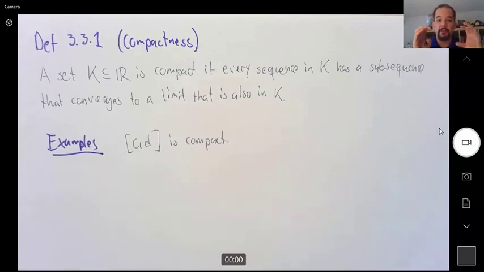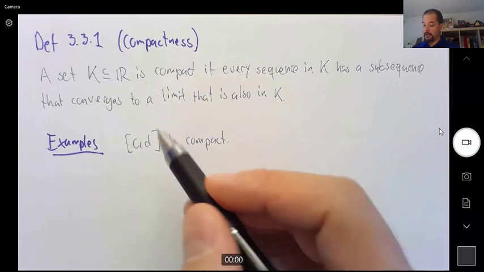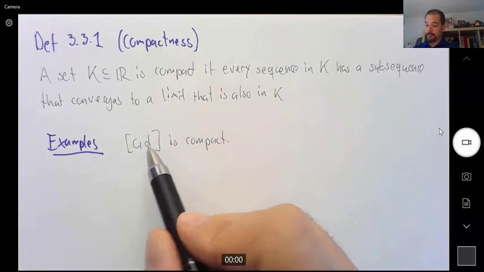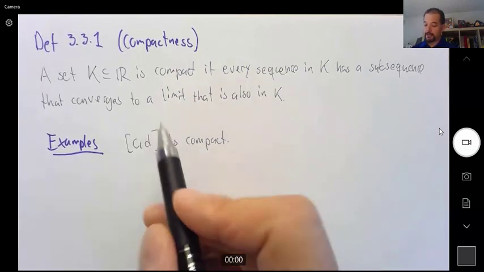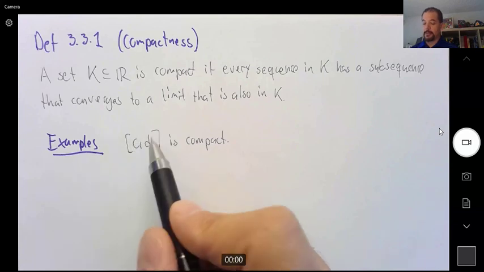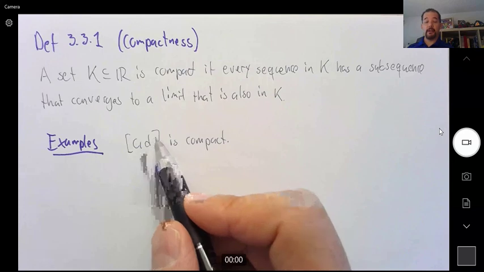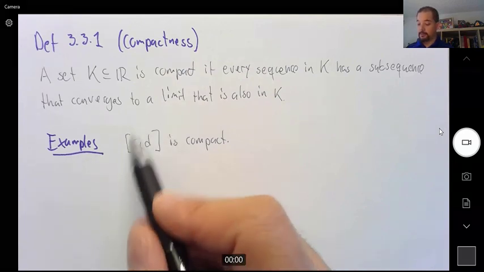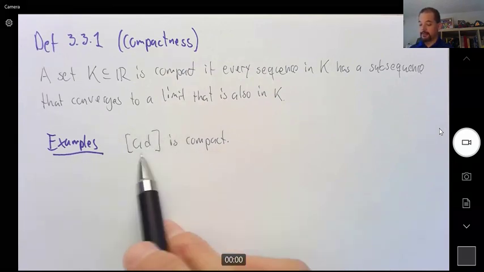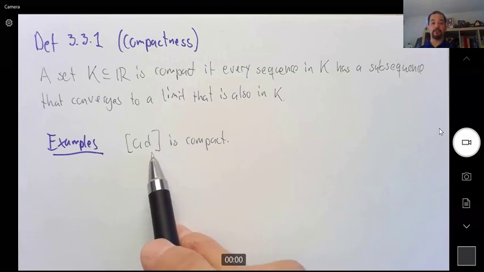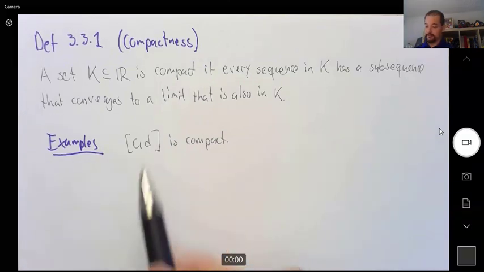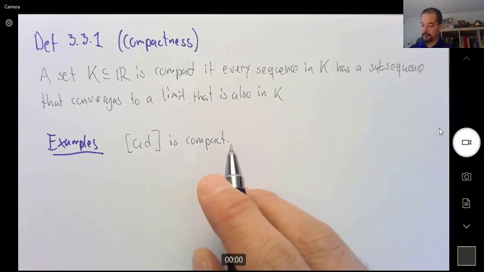So because it's bounded, by the Bolzano-Weierstrass theorem, there will be a subsequence that will be convergent. And then why is the limit in here? The limit will be in here because this set is closed, and a closed set contains all its limit points. So this is the little explanation.